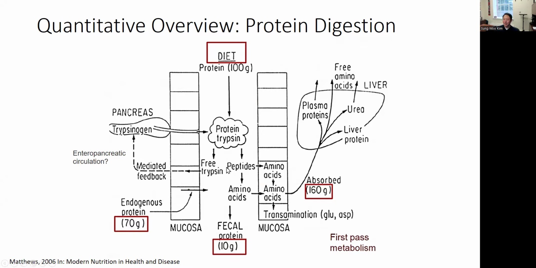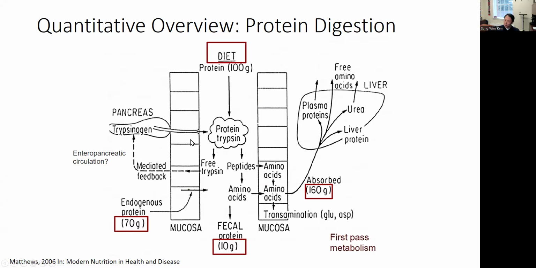It's indicating that possibly some of these digestive enzymes, including trypsin and other enzymes like amylase, will be reabsorbed through the small intestine, probably more likely in the ileum, and go back to the pancreas and then convert back to the zymogen, which is trypsinogen, and be secreted here.